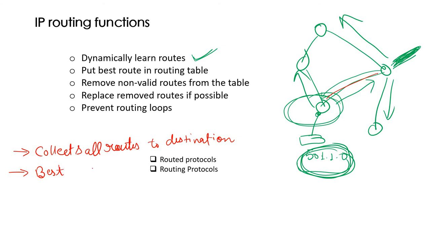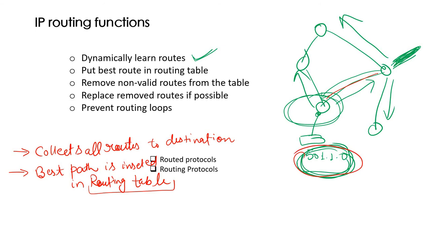Based on the different criteria, it selects the best path, and only the best path is inserted in the routing table. Why? Because the router has to take decisions based on the routing table only. So whatever is the best route toward that prefix or destination, the packet will be forwarded towards that router.